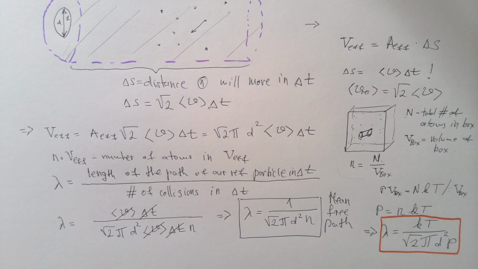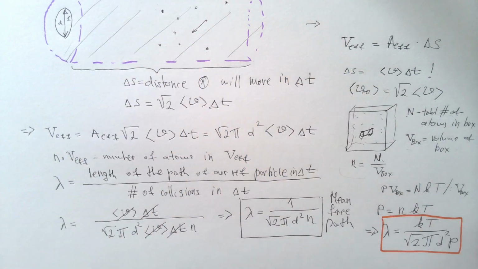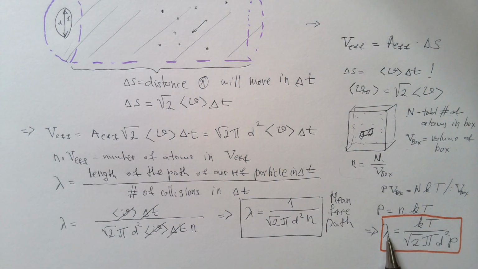And that makes sense, because when you compress gas, there is a smaller distance on average that the atoms will travel before colliding with other atoms. And of course, when you increase temperature, jiggling increases. So on average, there will be a larger distance that atoms traverse before they collide with an adjacent atom.